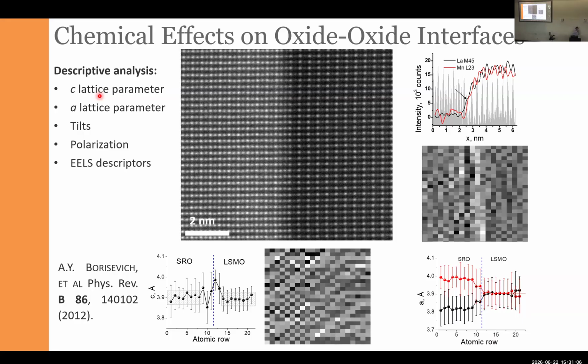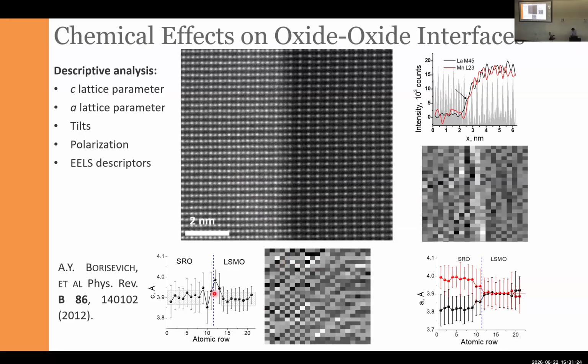The lattice parameter parallel to the interface I expect to be clamped, but I can still measure it. I can measure tilts. I can measure polarization from the displacement of the central atom, and I can learn, to some extent, something about the oxygen concentration.